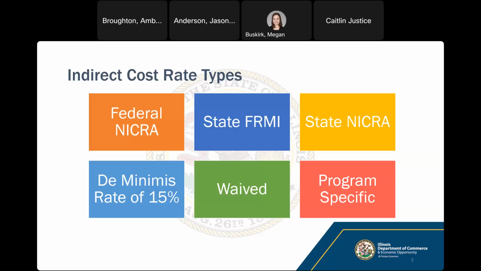Entities should review the requirements for each of the options to determine if they are eligible or if they can comply and provide the required information before they make an election.